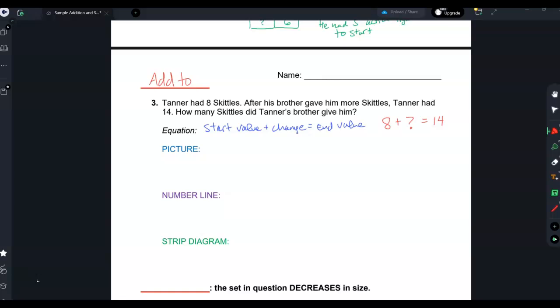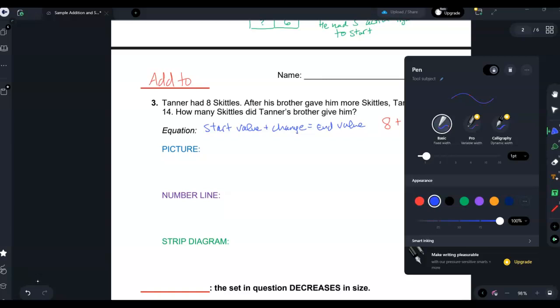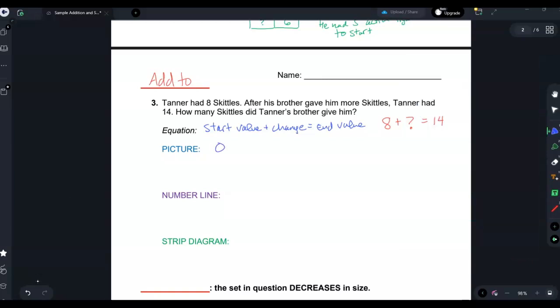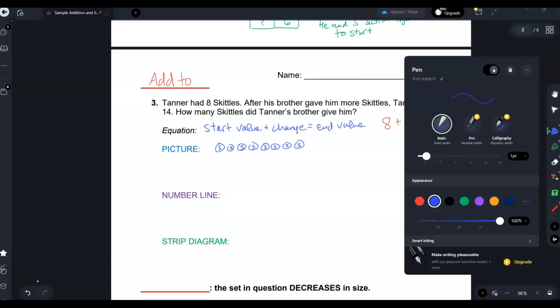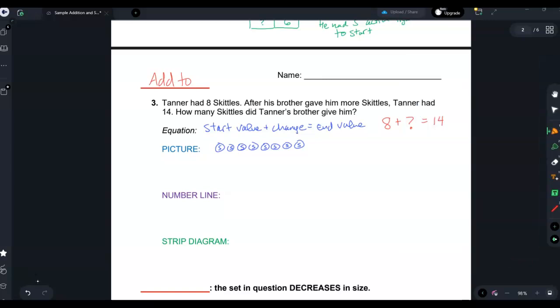So to draw a picture, let me just draw some Skittles. So I know the starting value. Let's go ahead and draw those Skittles. If you want to try and make them look like Skittles, you can. If you just want to do little circles, you can do that. So we start with 8. So that's our starting amount.